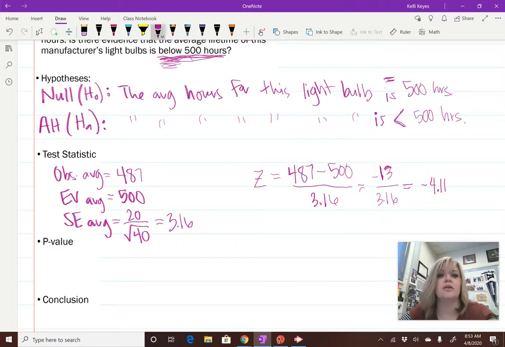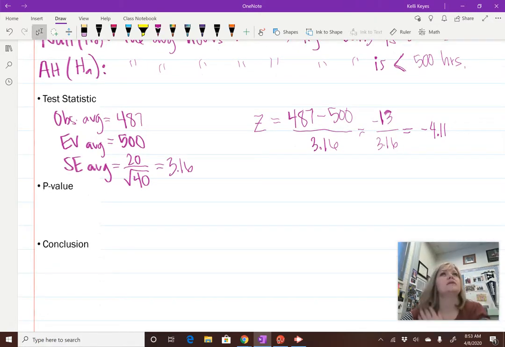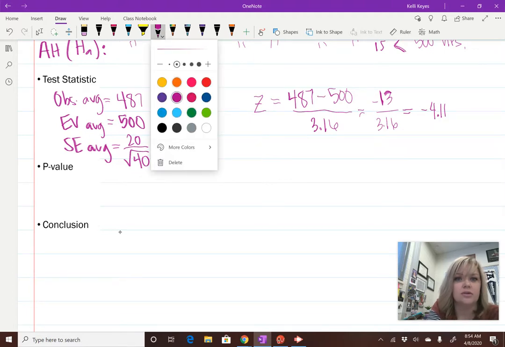So I want you to think to yourself, is a z-score of negative 4 extremely unusual? While you're thinking, I'm going to change the color. Let's do blue.